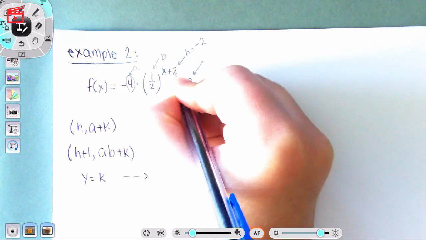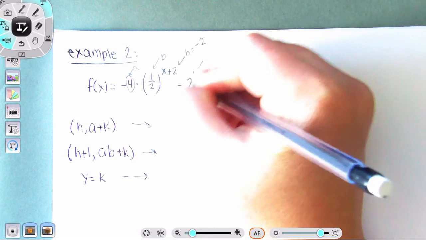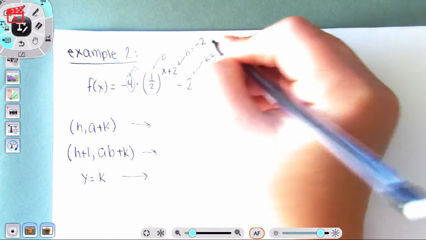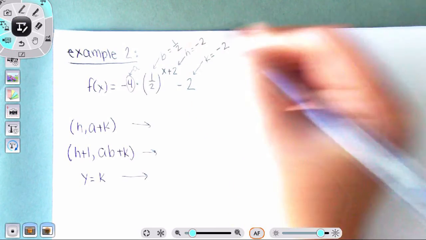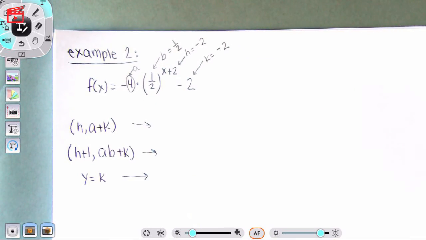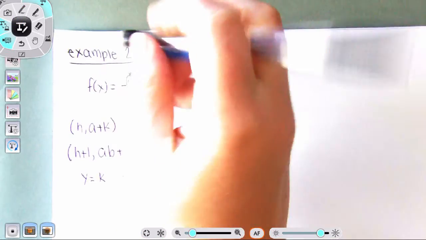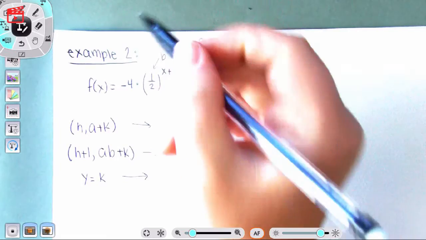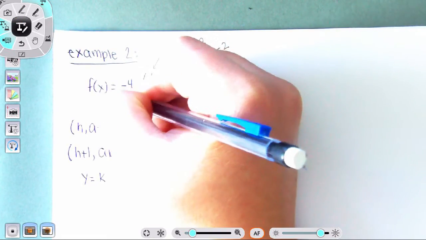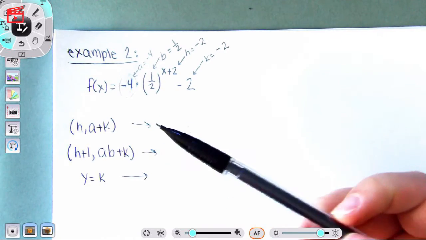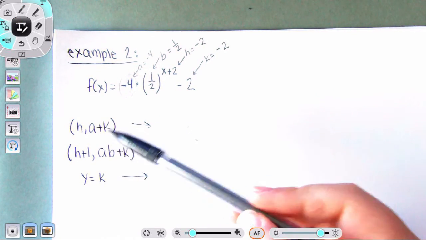Again, it's whatever number you see here, it's the opposite. This one is exact, so k is -2, h is -2, b is 1/2. And A. Now I'm a little bit confused about A because I know there's going to be a reflection here. So I'm going to take A as is. So I'm going to say A is -4. That way we can take care of our reflection already in our points.